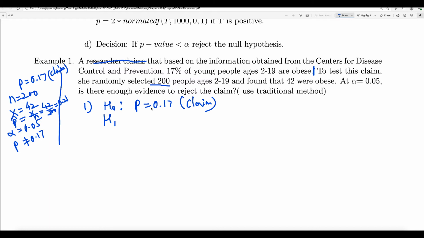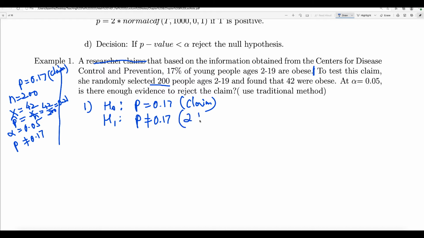The question gives you that this is the claim, like that, okay? In that case, null hypothesis can be the claim. And H1 is, since it is the two-tailed test, P is not equals to 0.17. And you should be careful on this. In the null and alternative hypothesis, we use exactly the same numbers on the right side. 0.17, 0.17. Don't use 0.21 in any of these null and alternative hypothesis, okay?